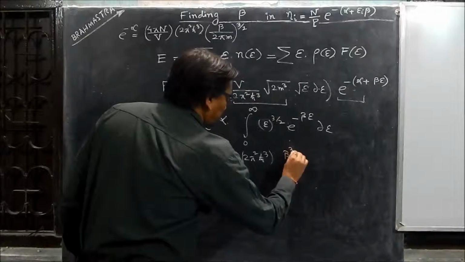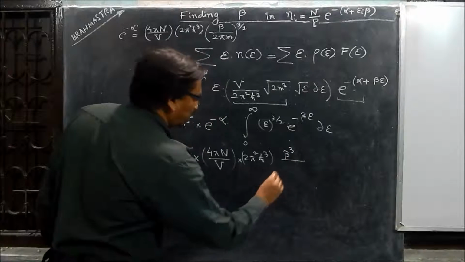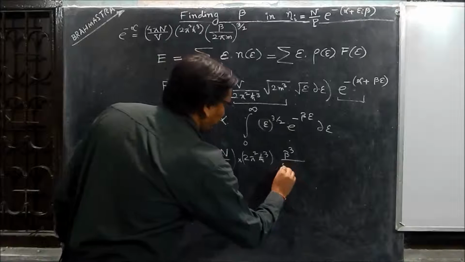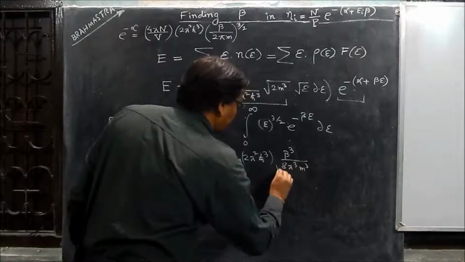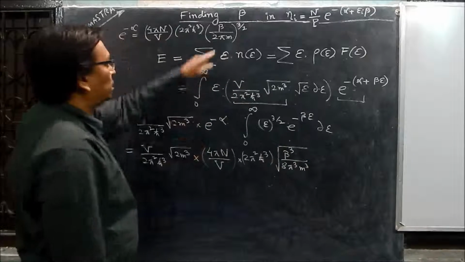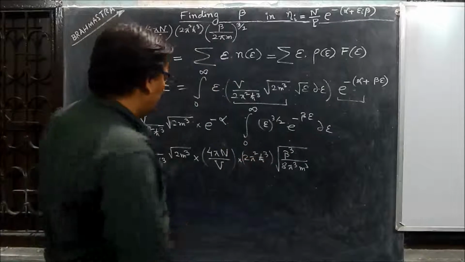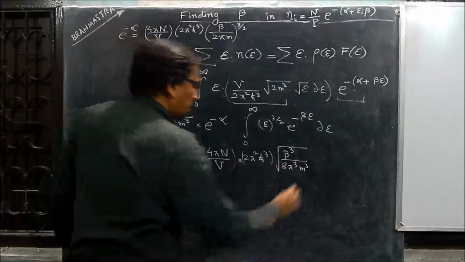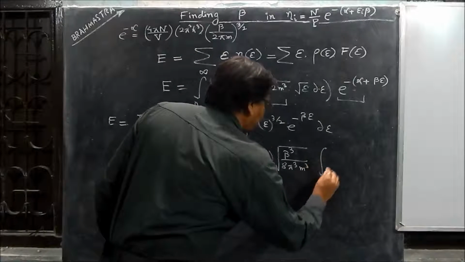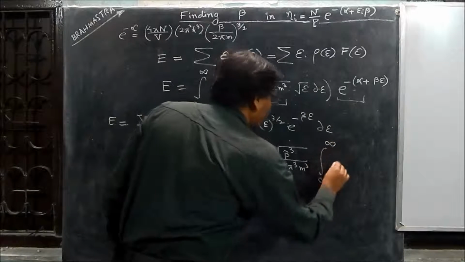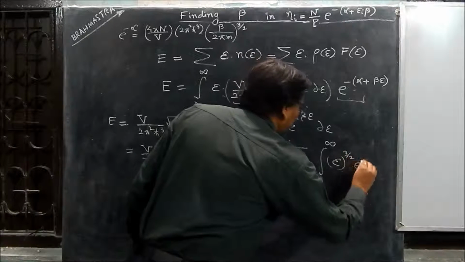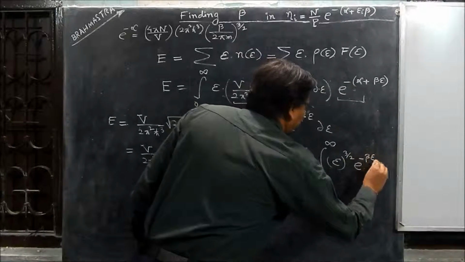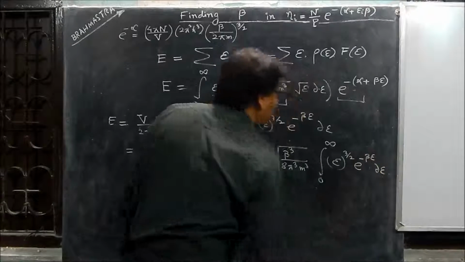I am writing cube inside so that the calculation becomes easy. So this will be 8 pi cube m cube, under root. So these are the values of these constants, and the integration from 0 to positive infinity of epsilon to the power 3 by 2 e to the power minus beta epsilon d epsilon.